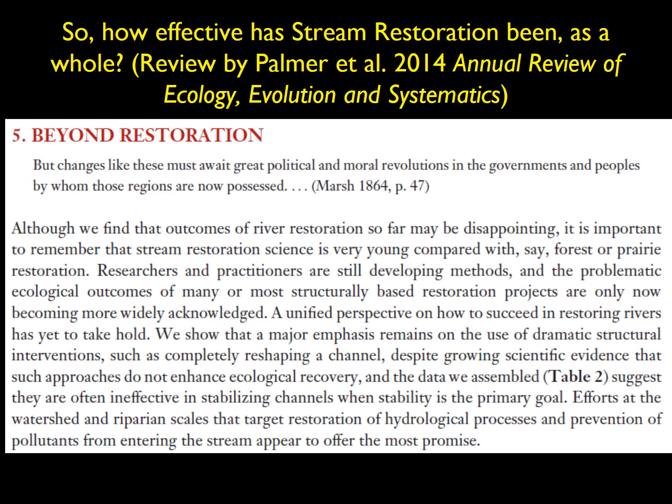And then they state there, right? Unfortunately, this major emphasis seems to be on recontouring stream channels, these structural interventions, as they say, despite growing scientific evidence that these approaches do not work particularly well. So again, they highlight the importance of working on the watershed and riparian scales to improve the quality of the water that's coming into the streams to begin with.